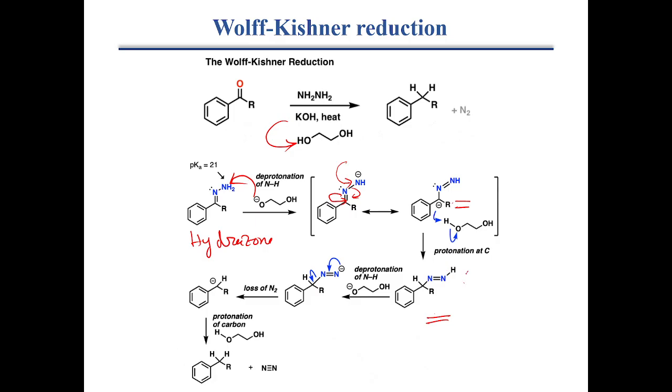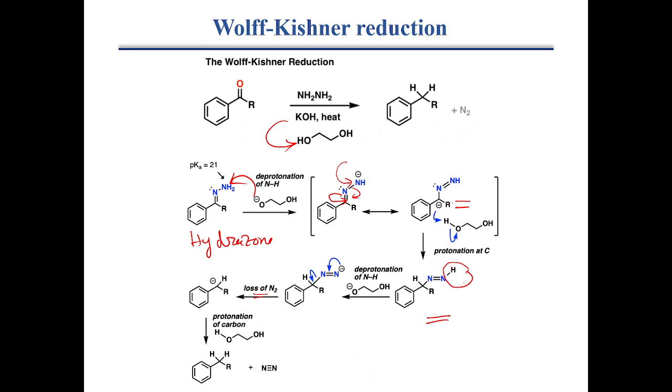Now, as the nitrogen has a proton, this proton is further abstracted by the base or ethylene glycol oxide, which forms this. Now this will go and nitrogen will be lost. This is the driving force of this reaction, removal of nitrogen.